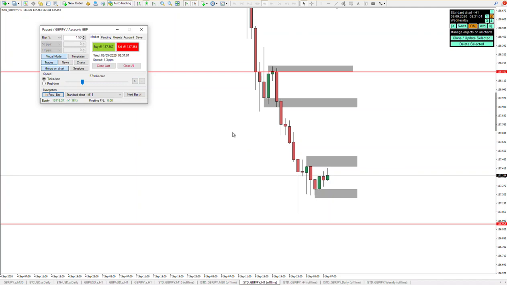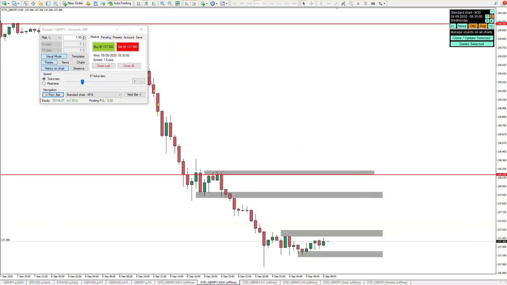Let me rewind a bit. So this is, okay. It seems we have higher support here on M30. We have higher support on M30, but we had the resistance before, and this resistance is not broken yet, and still we have that range, which is really ugly.